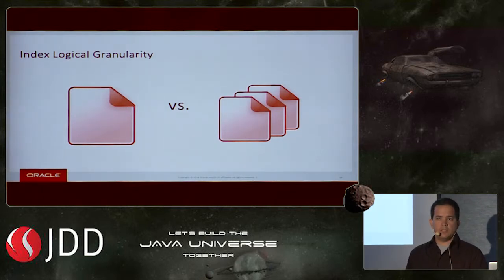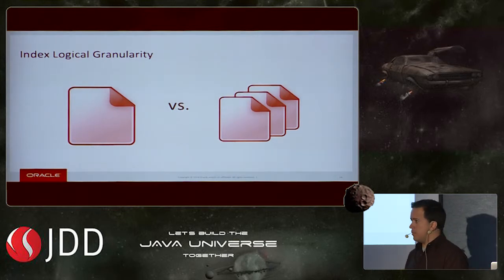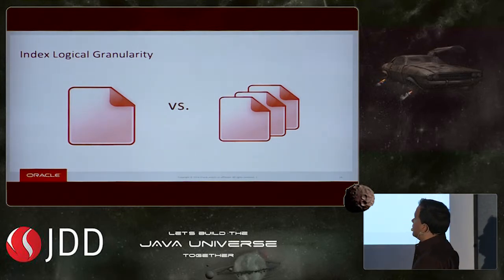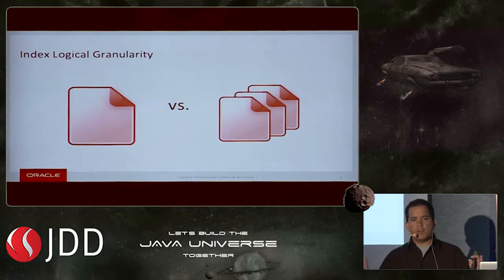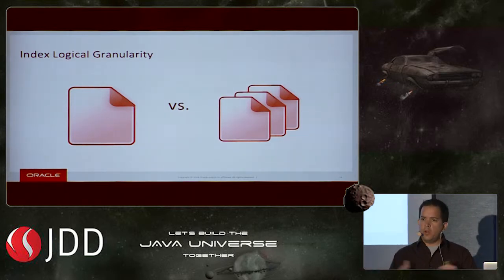The key initial question, and sometimes it might be a very obvious answer, but I think there's still a process of asking yourself, what's the right level of granularity for my index? What I mean is, should I have one very, very large index with all my customers' data in that same index, and I just make sure that every time I search, I key off my tenant ID?